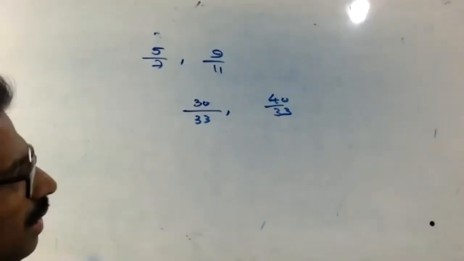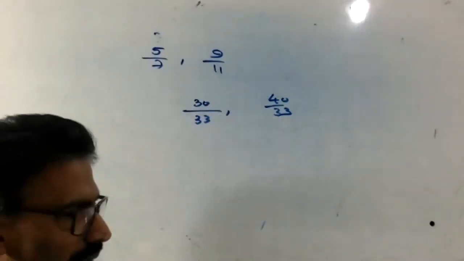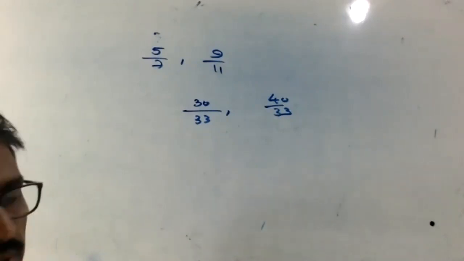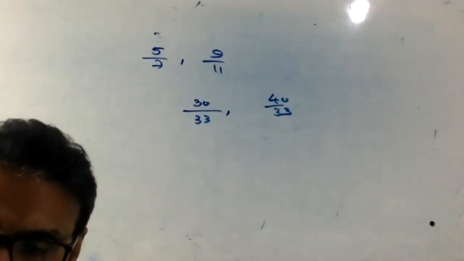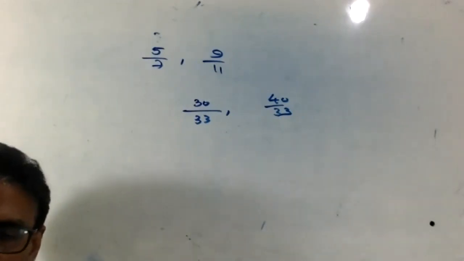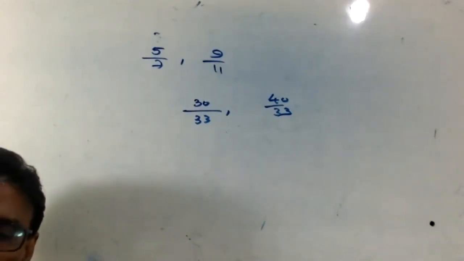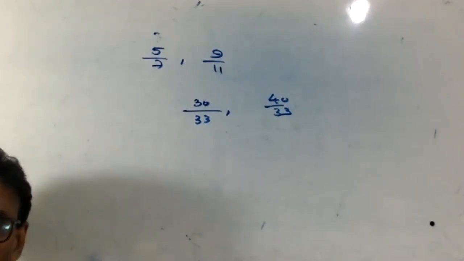So simple. 31 divided by 33, 32 divided by 33, 33 divided by 30. Like that we can write. I hope if the denominators are equal, it is clear now. Is it okay?